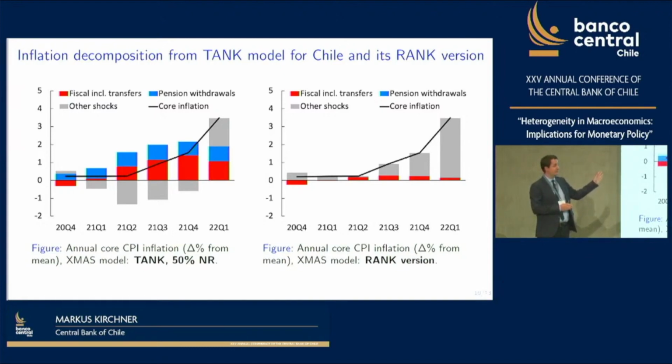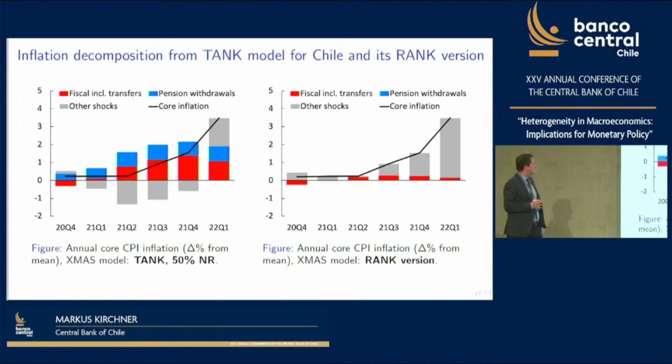So the pension fund withdrawals were even larger than the fiscal transfers. That's why these blue bars here are also very important. And you see how the pension withdrawals are modeled similarly to a government transfer, from a government fund, and inflation also increases in response to these pension withdrawals.